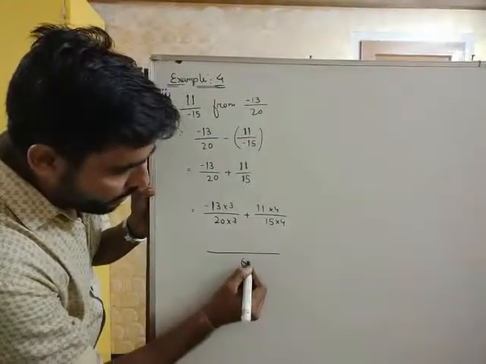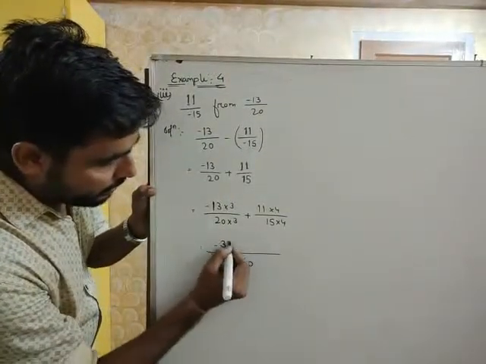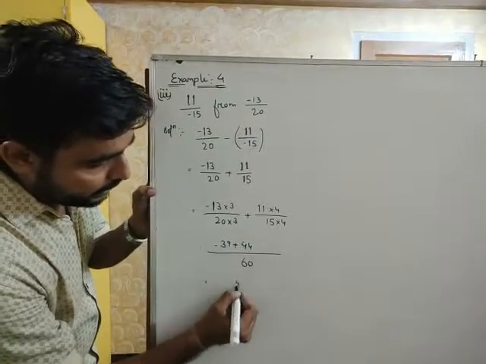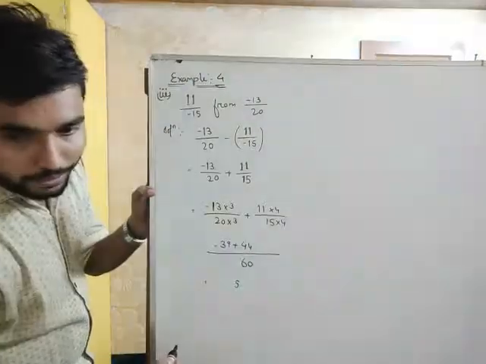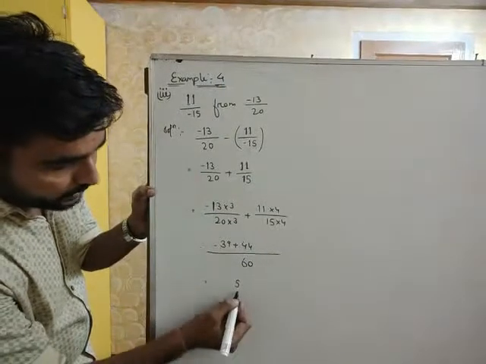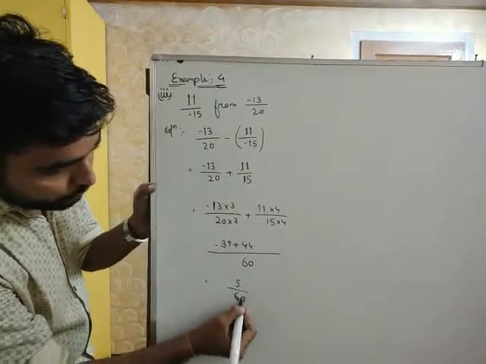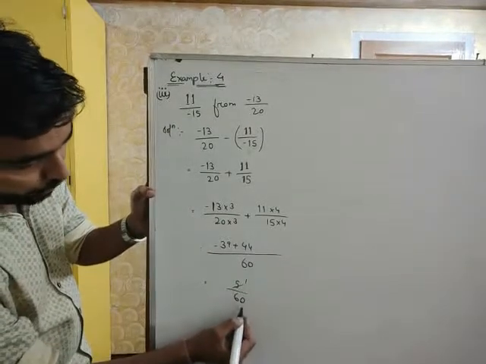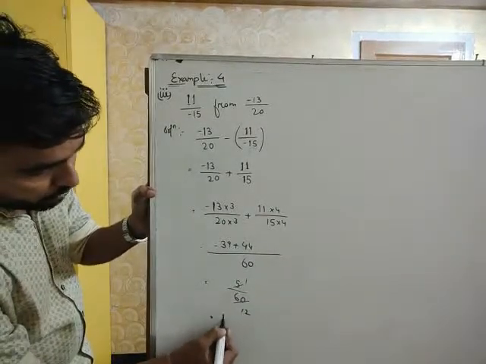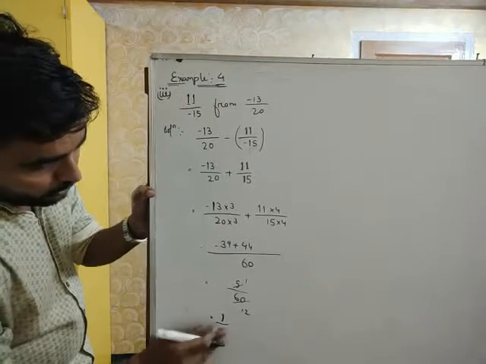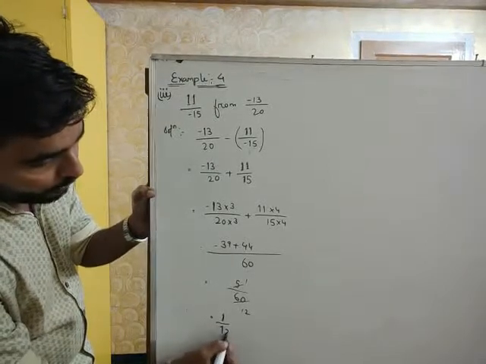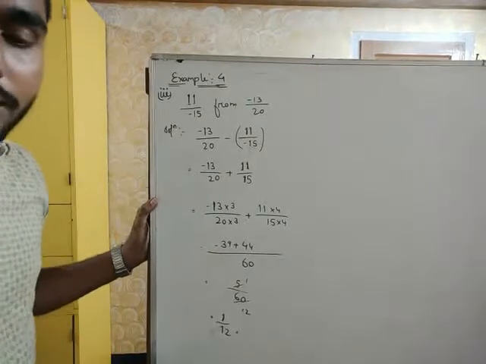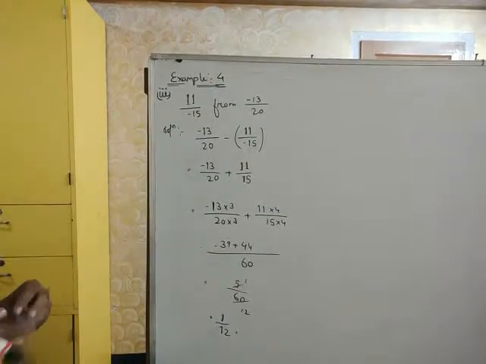So LCM will be 60, minus 39 plus 44. 44 minus 39 will be 5. 44 is greater and has a plus sign, so it will be plus 5 by 60. Now you can see 5 and 60 can be reduced. 5 one time, 5 12 times. So 1 by 12 is your answer. Whenever you can reduce the rational number, try to reduce it and write it in the standard form. Got it, everyone? Smriti, are you there?